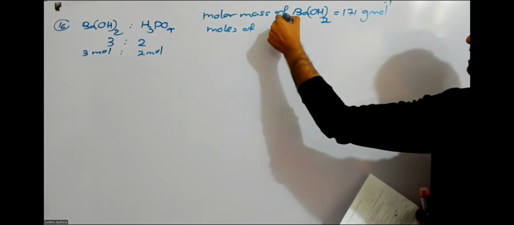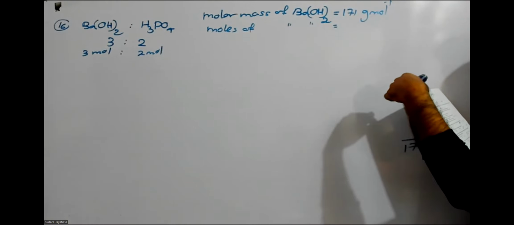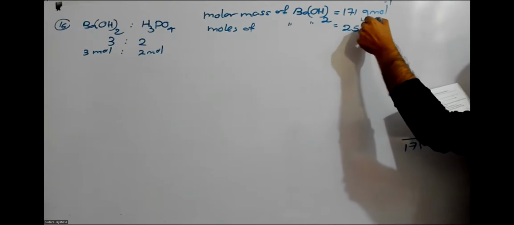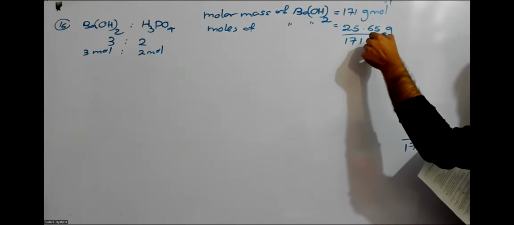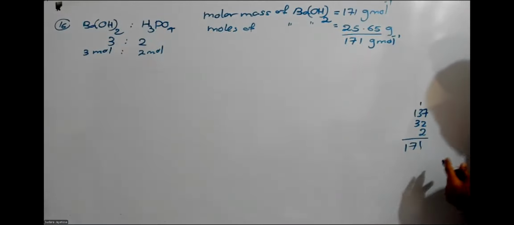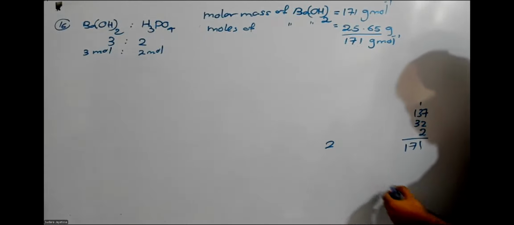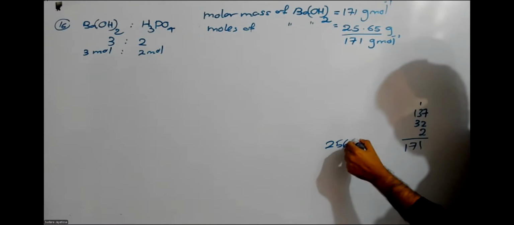Now let's find the moles of barium hydroxide. This is how you are going to answer it in an essay paper. I have taught you this part. 25.65 divided by 171 grams per mole. Let's try it and see. Is it divisible by some number? Can't say exactly.